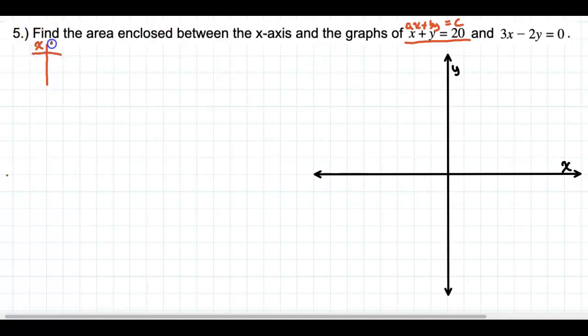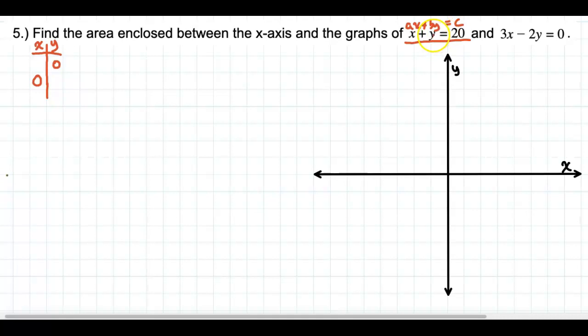We know the x-intercept is when y is equal to 0, and the y-intercept is when x is equal to 0, right? Wherever it crosses this axis, the y value is 0. Wherever it crosses this axis, the x value is 0. Okay, so if I substitute, I could do mental math on this one.